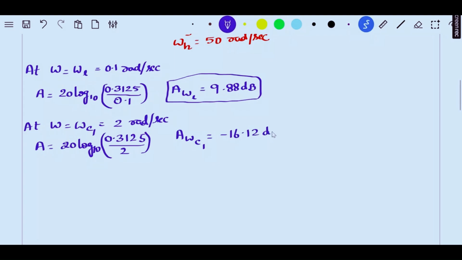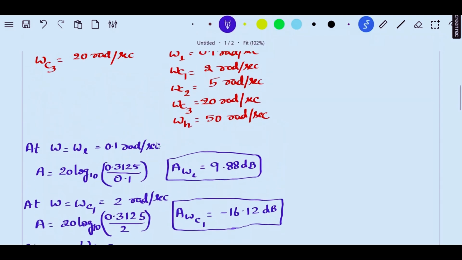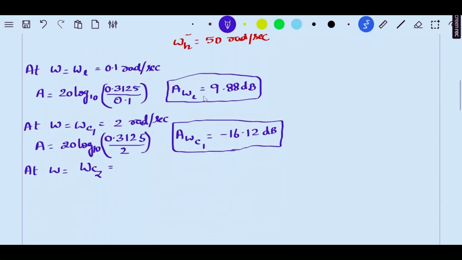So let me take minus 16.12. This is the second gain that we get at omega equals omega C1. Now let me take omega equals omega C2, which is 5 radians per second.